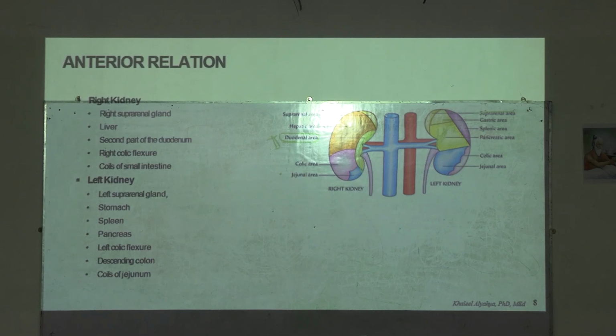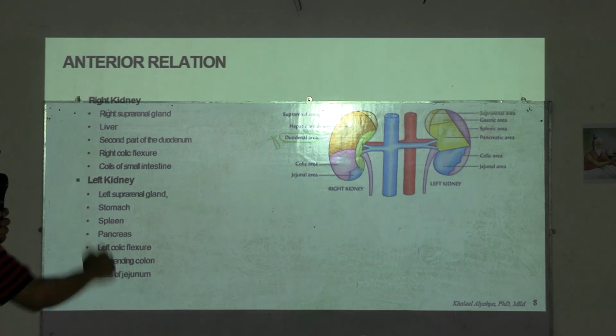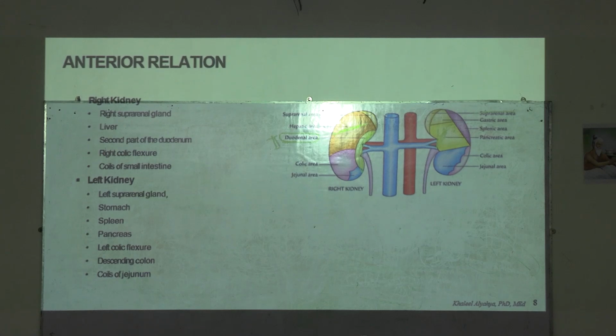Now another area on the anterior surface appears orange in color, and in that area we will get the peritoneum.